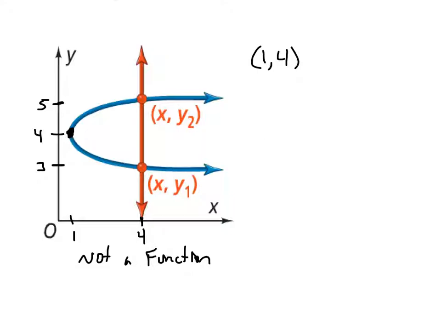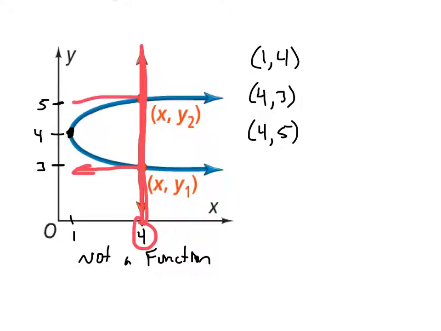I've got the first red point located at 4, 3. And I've got the second red point located at 4, 5. And so looking at this now, what the vertical line test is showing us is that for this, because it's a vertical line, so it's talking about x values, for this one input, we are getting 2 outputs. So for the one input, we're getting 2 outputs, making it not a function.